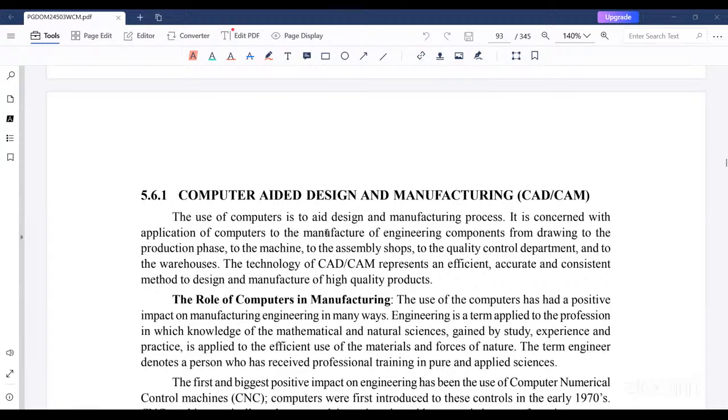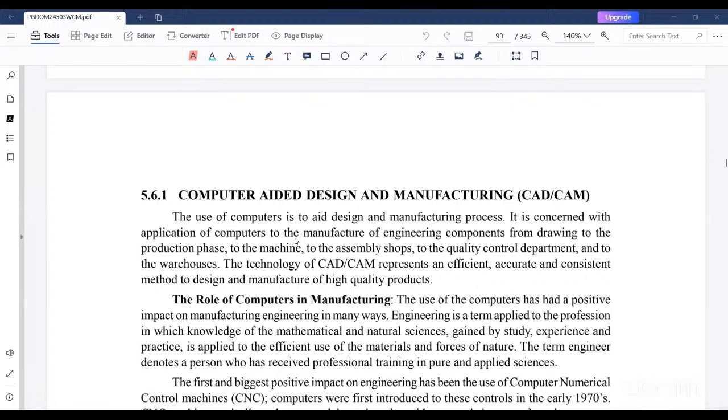This is a sequence where, with the help of computer technology, we are designing the product. What is the first stage? What is the second stage? What happens to the product in the first stage? What is the next phase? Till it reaches the warehouse, all the data is handled with the help of CAD.